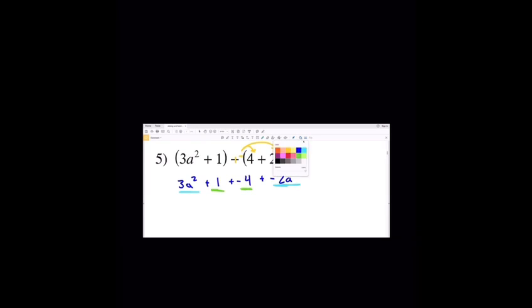Combining those, 3a squared plus negative 2a squared will be a positive 1, which is a squared. And then a positive 1 and negative 4 will leave me with negative 3. So a squared minus 3 is the answer of number 5.